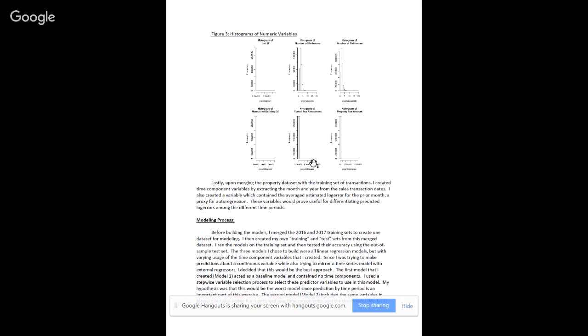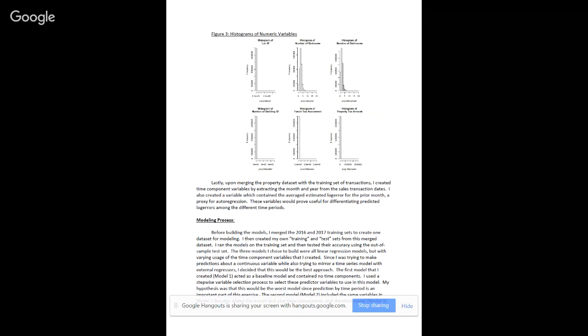Regarding outliers, the chart here shows some of the numeric variables, and all of them are highly skewed right. So what I did was I imputed the 99th percentile value for any data that was higher than the 99th percentile.